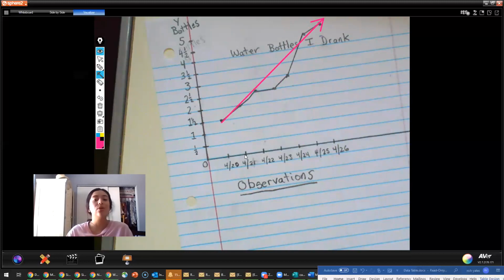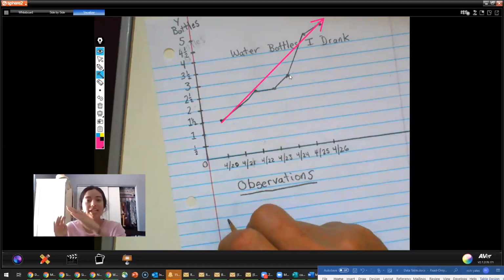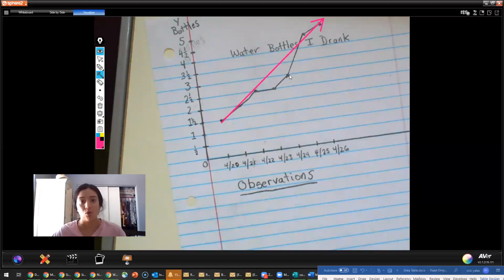The way you know that it's increasing is just like Mr. Yates did with his annotation. Reading it from left to right, the line increases. Now it's not a direct increase like his annotation, but it gradually gets there. I had to build it up a little bit, you know, can't just go from 0 to 5. But over the days of the week, I did drink more water.